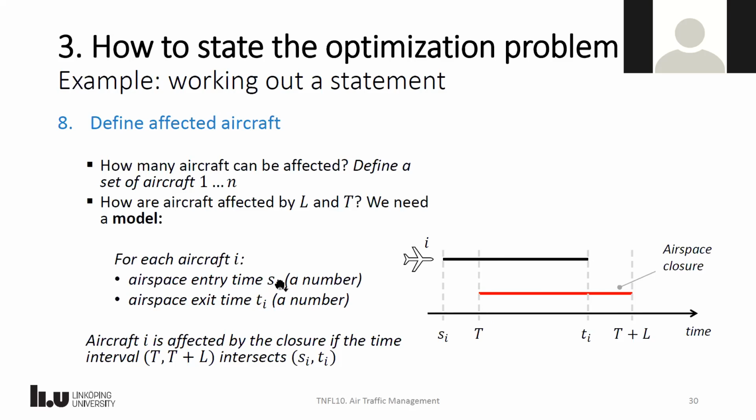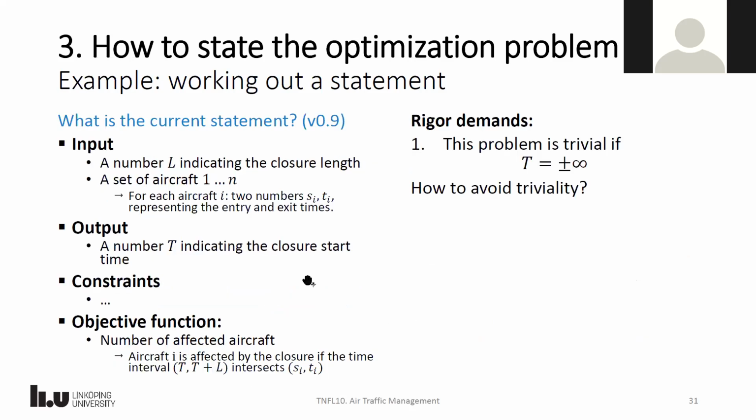So the number of aircraft, the airspace entry times, and the airspace exit times for all the aircraft must be included in our inputs. And also this definition over here, of course, is going to be included in the objective function. So we have something like this.